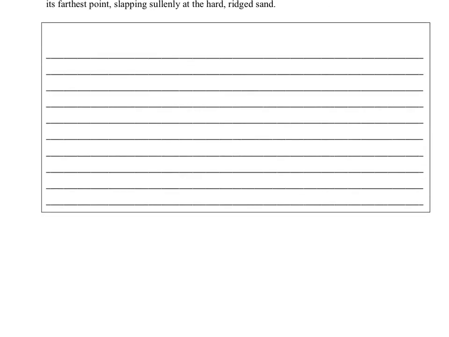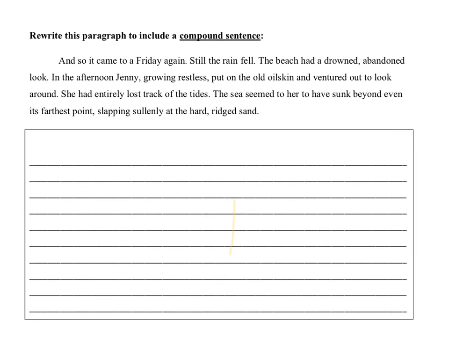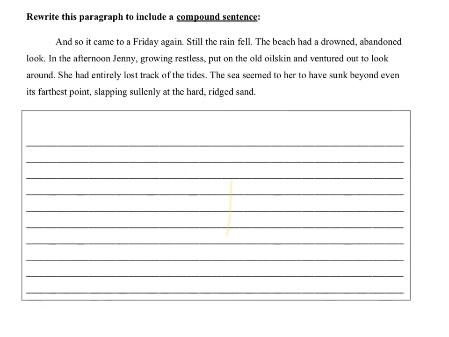Okay, here's the next part of your assignment. You are to rewrite this paragraph to include a compound sentence. Because these are the independent activities, I am not walking you through this. However, I will give you some help.